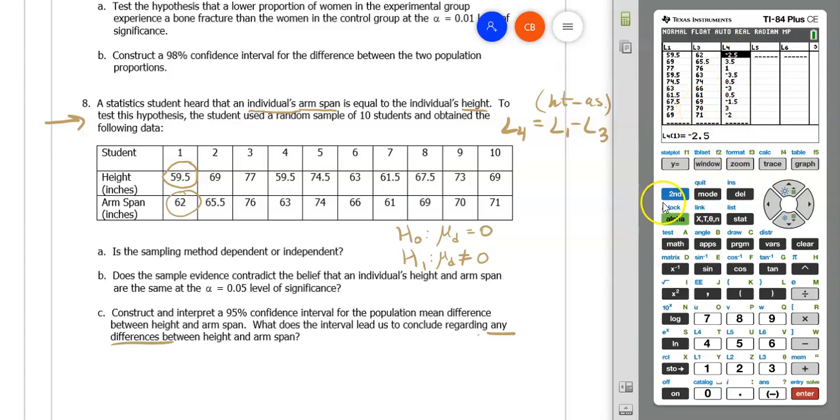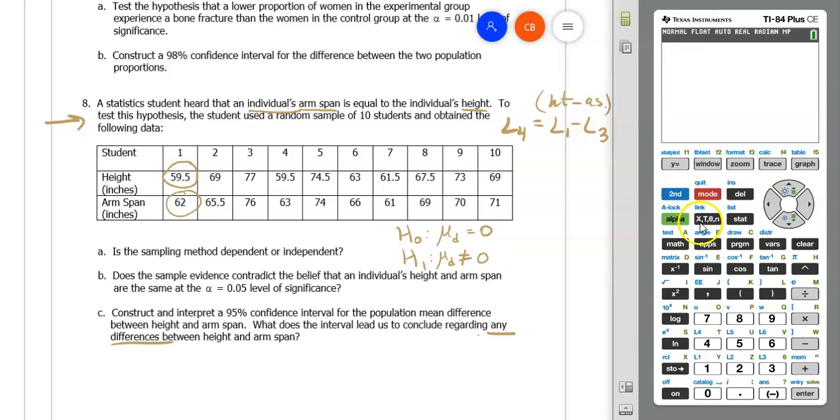But we have now our list of differences, so I'm going to quit out of that one, and then I'm going to go into stat. We want to run a test because we're doing a t-test for this one. And we're working with, in this case, the data, because we actually have the specific data sets with the numbers in there.